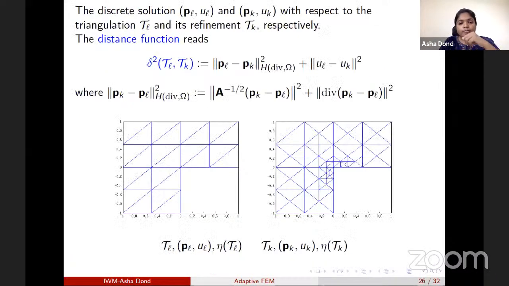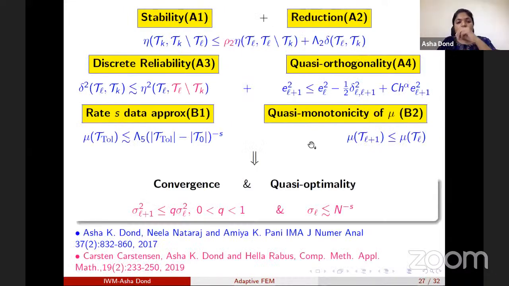Using this algorithm with the separate marking criteria, we are able to prove convergence and quasi-optimality results. For that, we first established stability, that is reduction, which makes sure your estimator is reducing at every edge. Then discrete reliability, that at every refined mesh, we can bound the discrete error with the estimator over the discrete level.